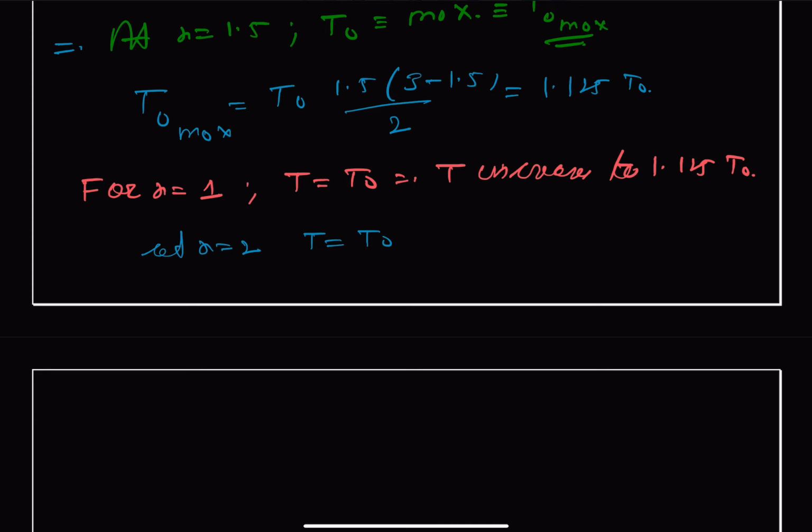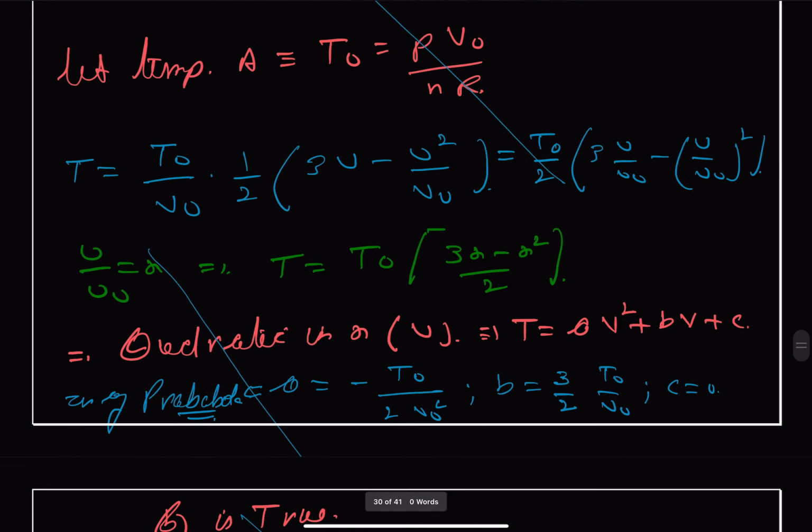So it once again decreases. Okay, so it will be something like this. It increases, then it decreases. So option D is also correct.